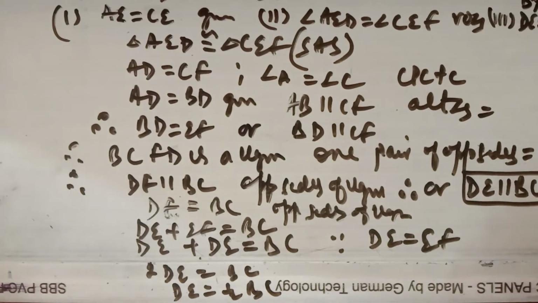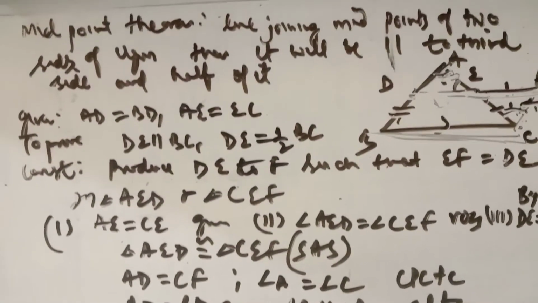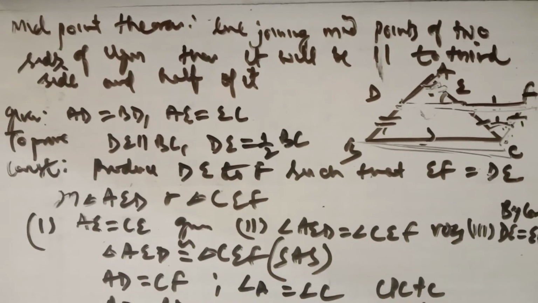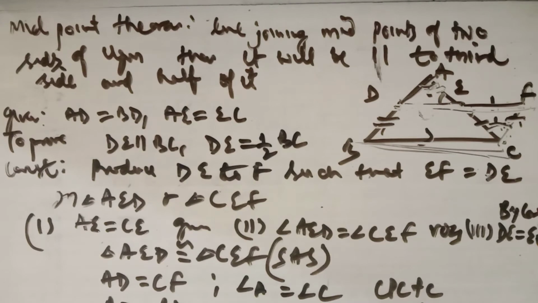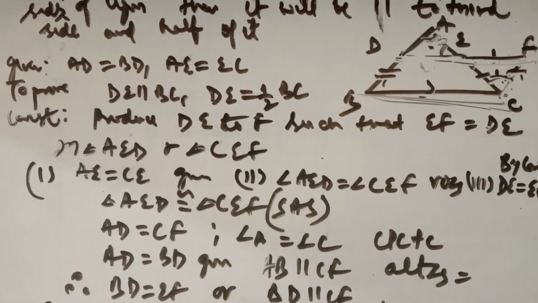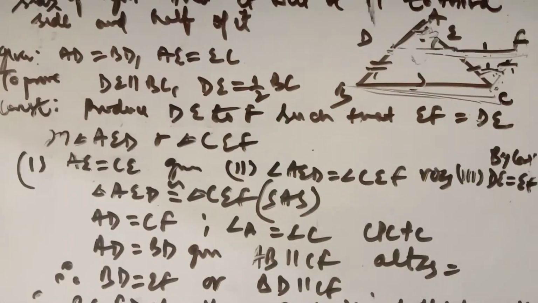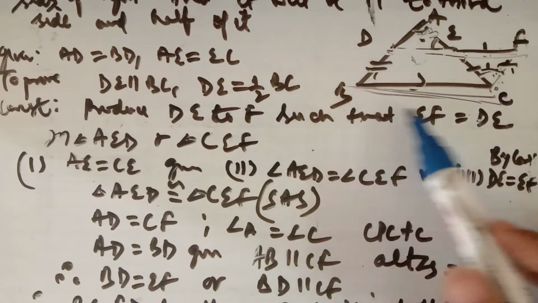And this is a very important theorem. The midpoint theorem says that the line segment joining the midpoints of two sides of a triangle is half of and parallel to the third side. See it: by construction, BCFD is a parallelogram, as we have proved. So DF is parallel to BC, then DE will be parallel to BC. This is the first part.